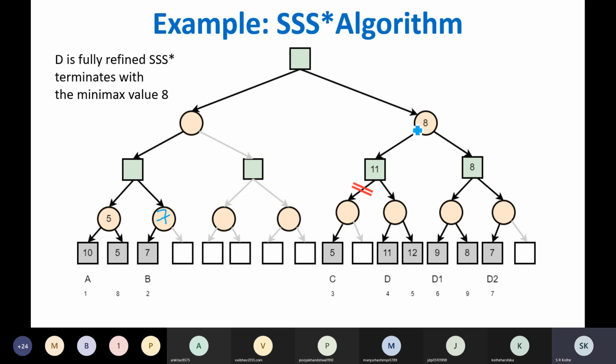Since D has become the best, the algorithm will terminate with minimax value of 8, because there is no better option available than this. Out of 8, 5 and 7, 8 is better, so the algorithm will terminate with minimax value of 8.